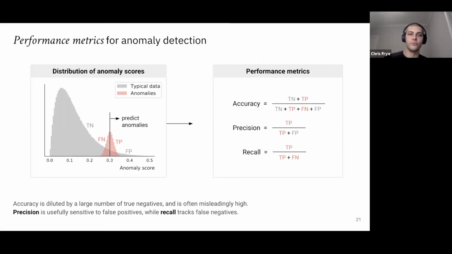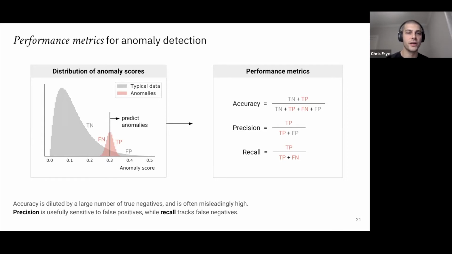And below that threshold, we wouldn't detect any anomalies. So you can see from the plot then that above the threshold, there will be both true positives and false positives. And below the threshold, there will be true negatives and false negatives. So this threshold won't lead to perfect anomaly prediction.